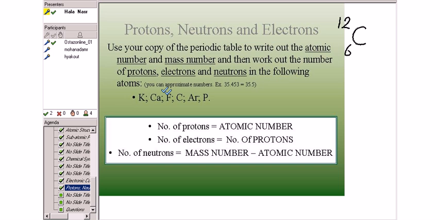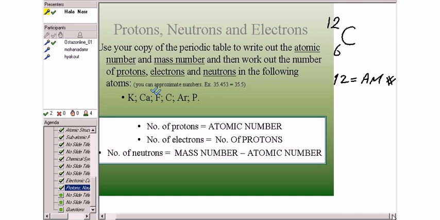12 is what? Very good. 12 is the atomic mass number. Excellent. Then, what's the atomic number? Very good. 6 is the atomic number. And it's equal to the number of protons.